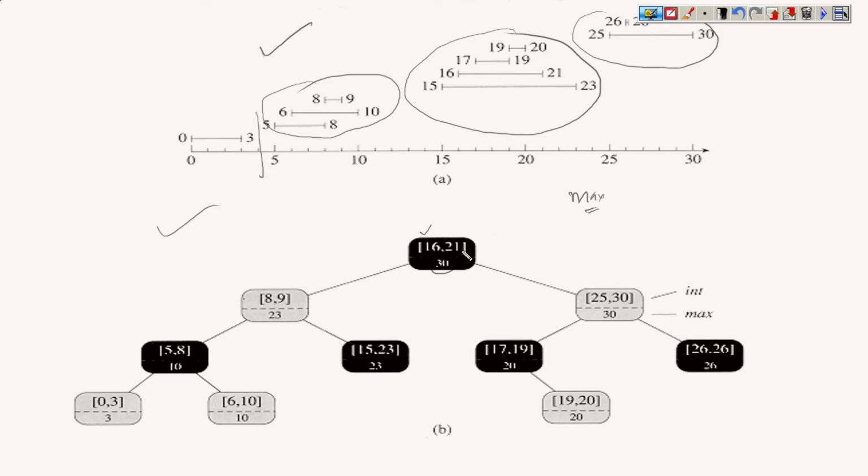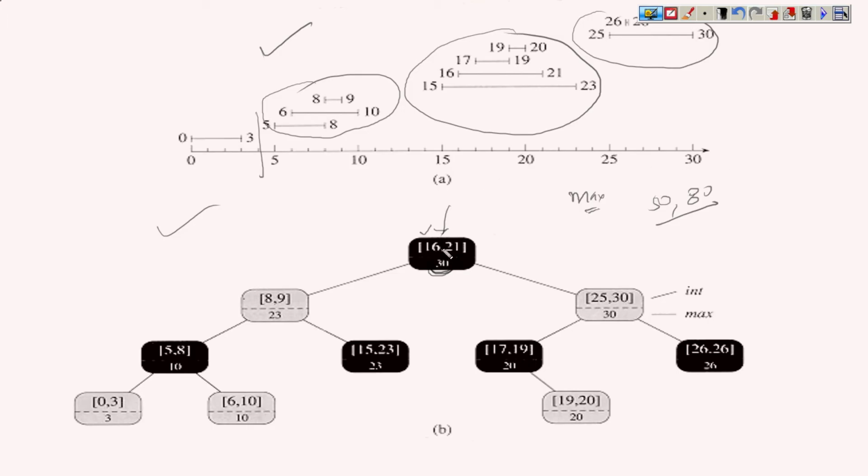So if you have any interval, let's say 50 and 80, when you go to the root node you can simply look at the max value and find out that this interval does not belong to this interval tree, because the maximum value that exists here is 30. This way we can use this max value.